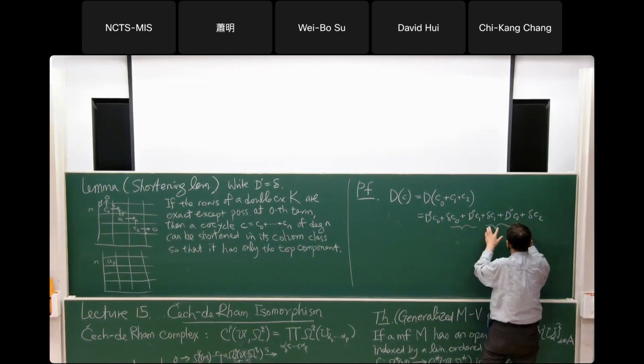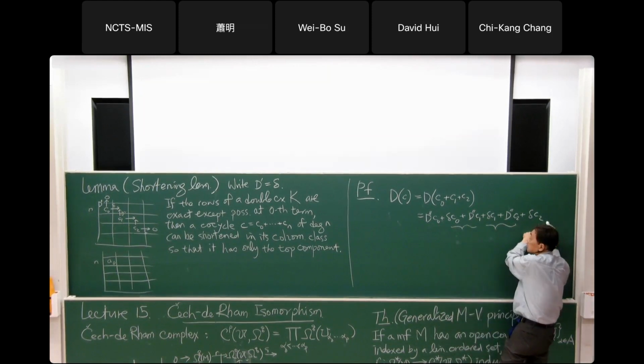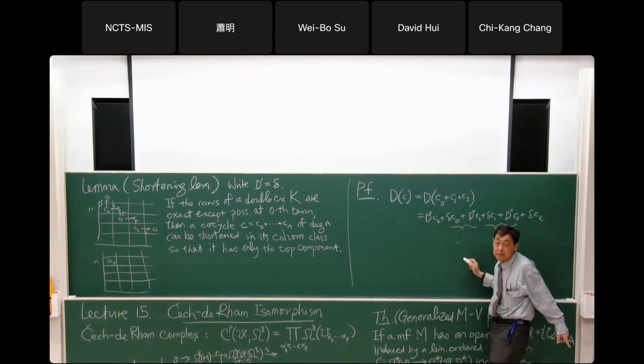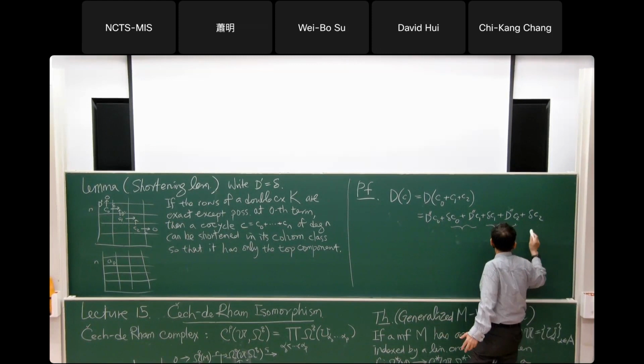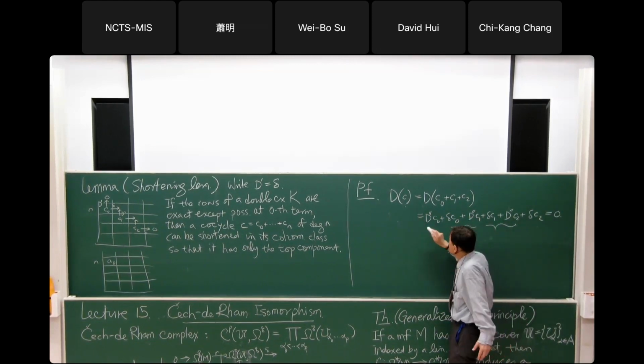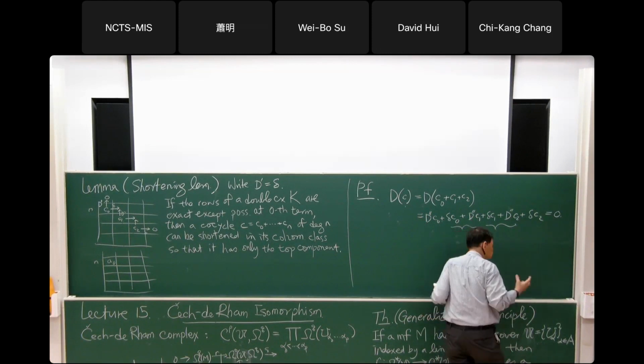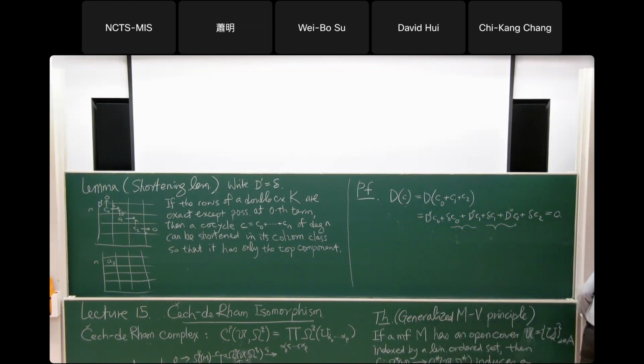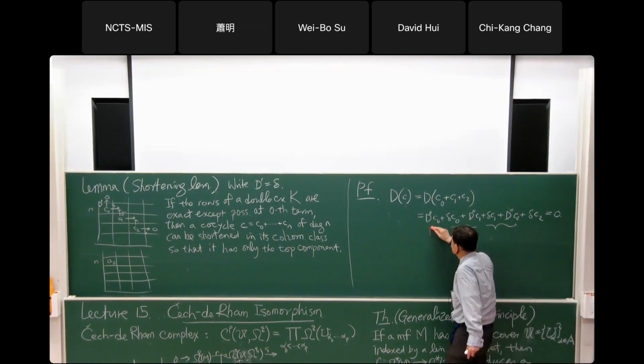These two are in the same box. This is in a different box. This is in a different box. Now the whole thing has to be zero because it's a cocycle. So that means each box has to be zero. Okay? So each component of the same bidegree has to be zero.